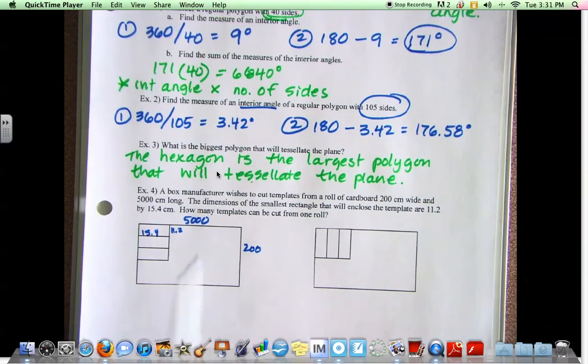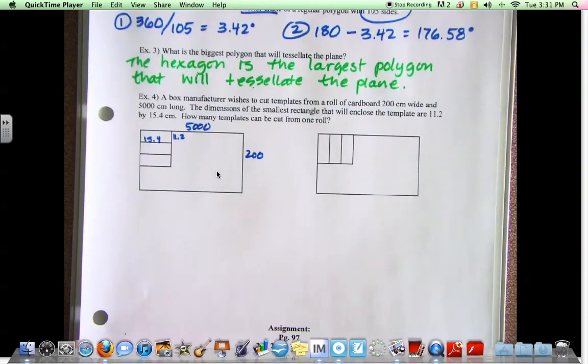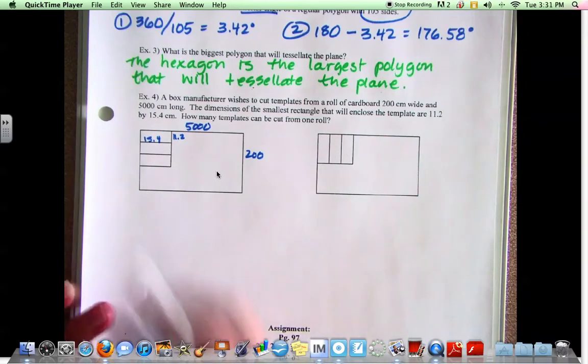So what we want to look at is how many times 15.4 will go into 5,000 and how many times 11.2 will go into 200. And then look at the total number of templates that we can get cut out. Now, we don't want to have partial templates, we want to see how many whole templates we can cut.